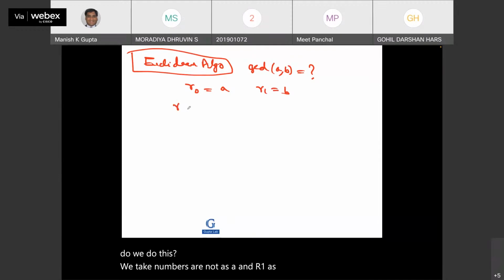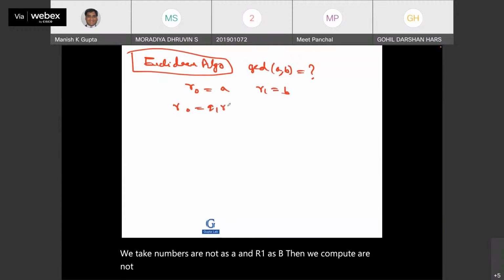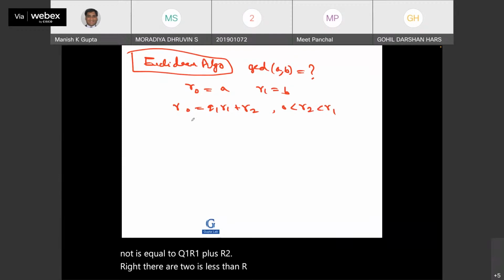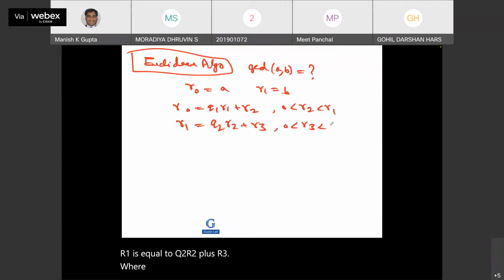Then we compute r0 = q1 r1 + r2, where r2 is less than r1. r1 = q2 r2 + r3, where r3 is less than r2. We are just dividing, and so on.